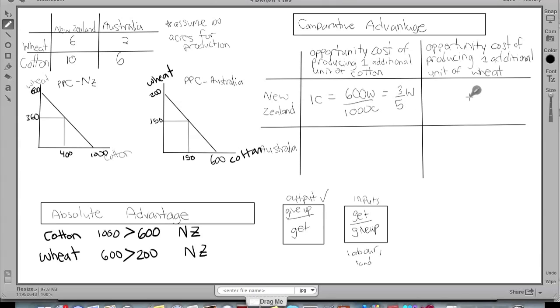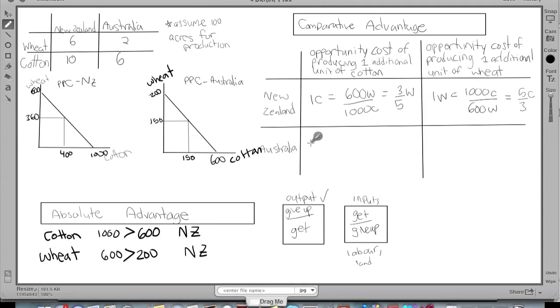Now let's look at the opportunity cost of producing one additional unit of wheat. So 1 wheat equals, so we have to give up 1,000 units of cotton, and we get 600 units of wheat. So we are left with 5/3 of cotton.